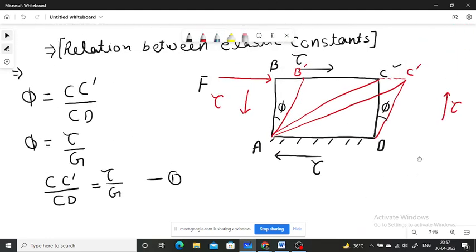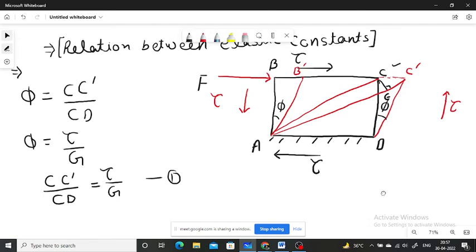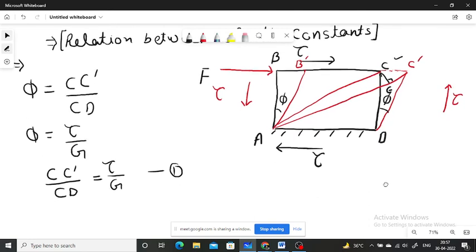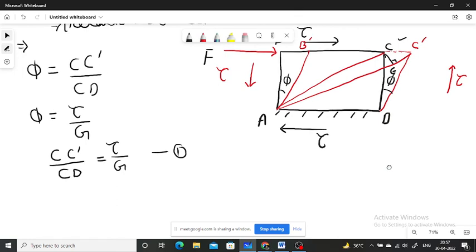Now draw a perpendicular on the diagonal AC dash from the point C, CE. Here the strain in the diagonal will be equal to the change in dimension upon initial dimension. The initial dimension is AE. AE and AC are equal.